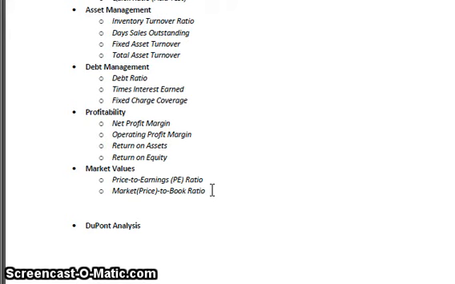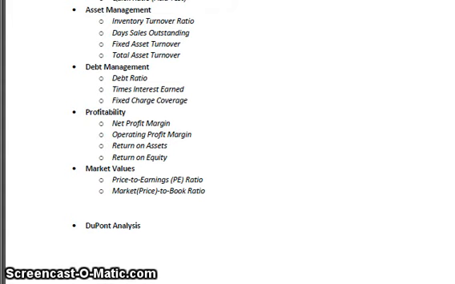You can watch CNBC or read any kind of business news, and they're going to give you all kinds of ways to decide whether or not you should buy a stock. These are just the two most basic ways to decide: is a stock cheap or expensive, is it a good buy? And everything else is kind of built off of this.